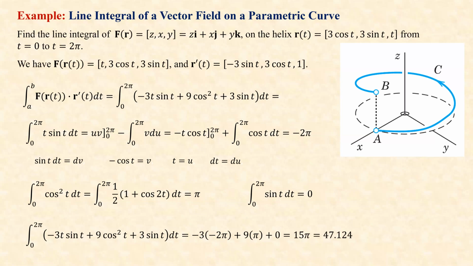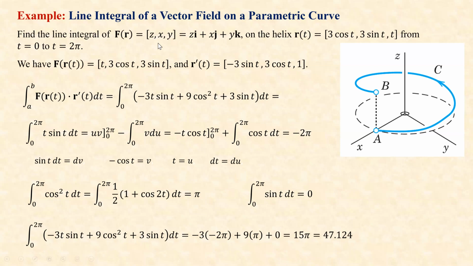Any questions? What is 47.124 actually showing us? That's the line integral of this function, this vector field, over this curve from A to B. Is it a length, a distance? No, it's not a distance. Basically, the unit would be distance squared.